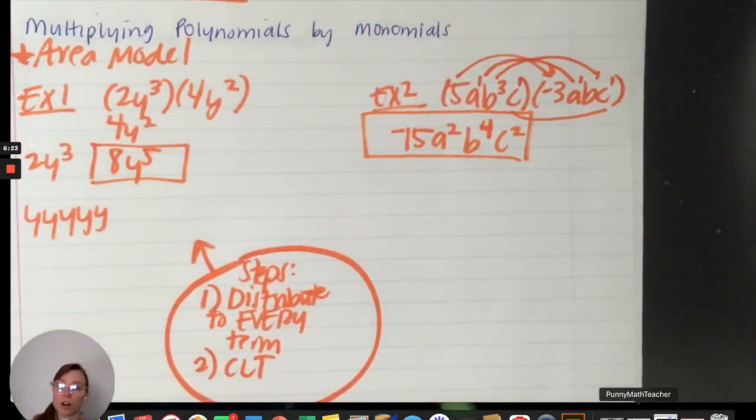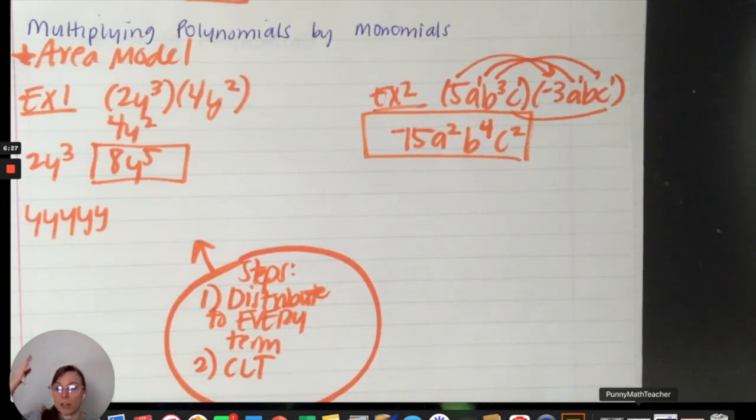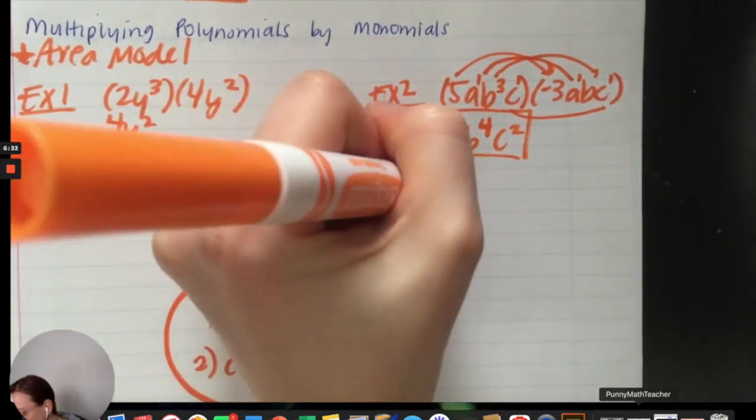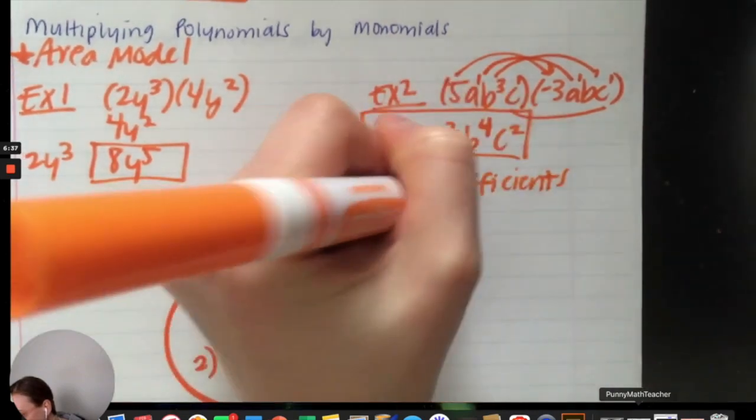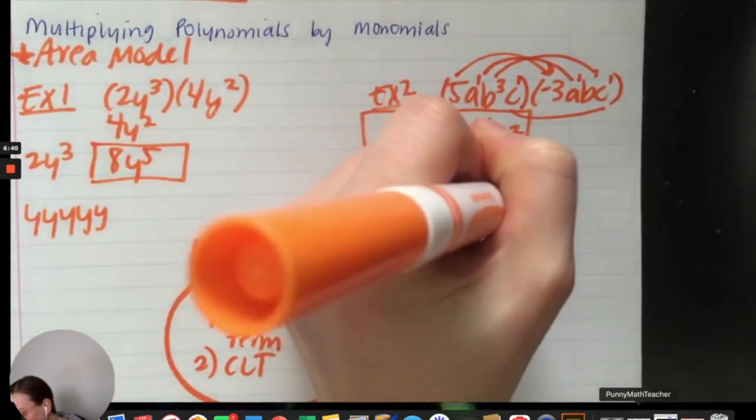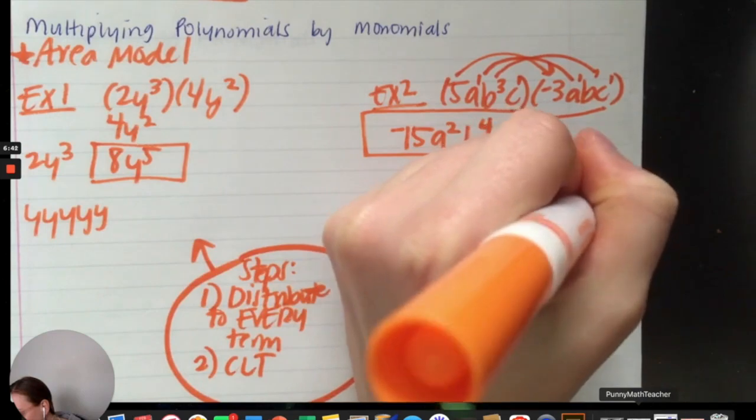Okay? If it helps you, call them rainbows, call them arrows, or just call them, I'm doing it one step at a time. I'm going coefficients, then I'm doing each variable, all right? So I'm going to write those steps down here as well. So I did coefficients first, and I multiplied those.